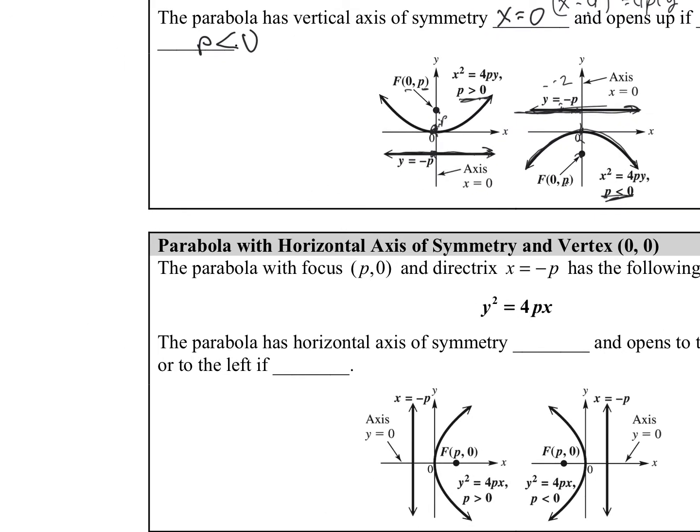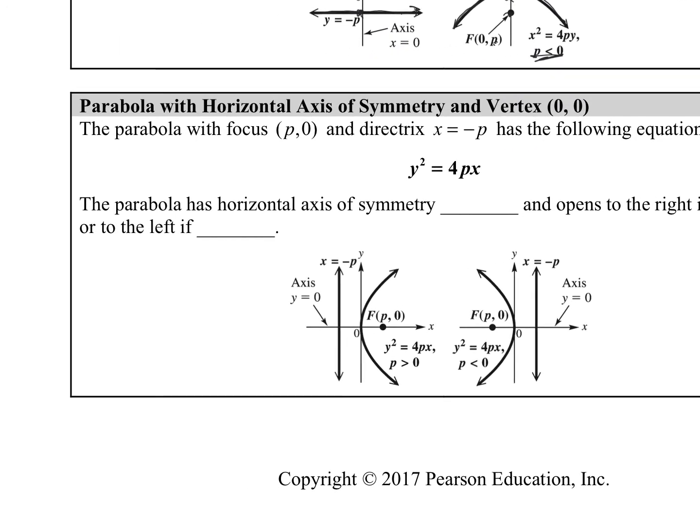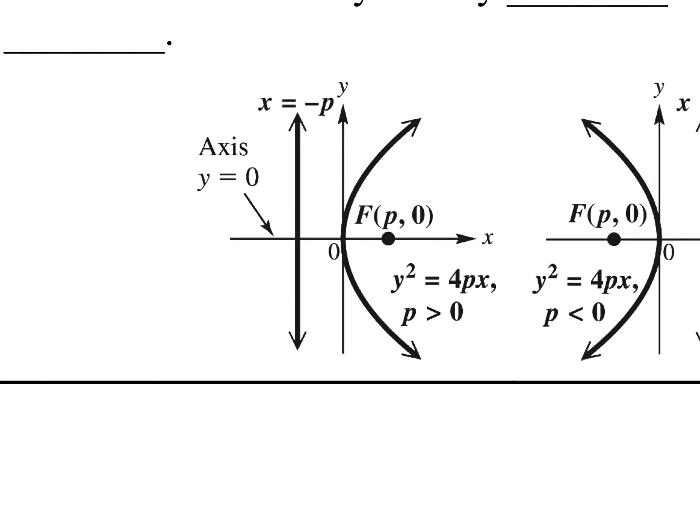Horizontal axis of symmetry. Now if I turn them around, what changes? Well, this time my focus is going to go left or right. So I'm solving for y squared equals 4px. If you look at the picture, what's changed? I still have to find a vertex.